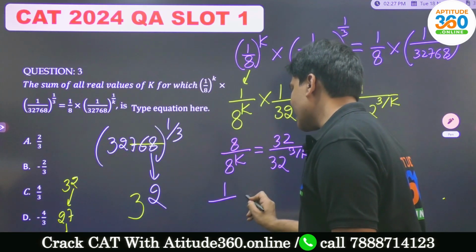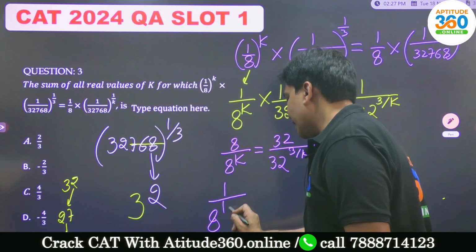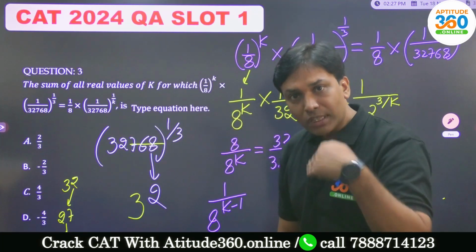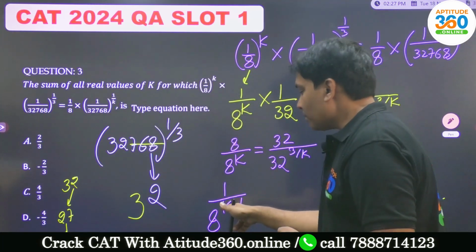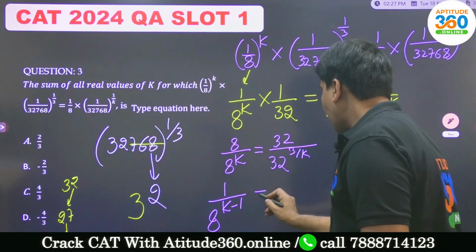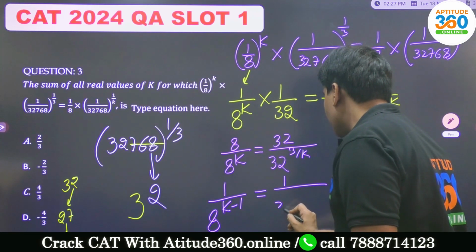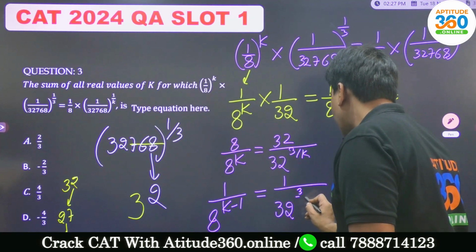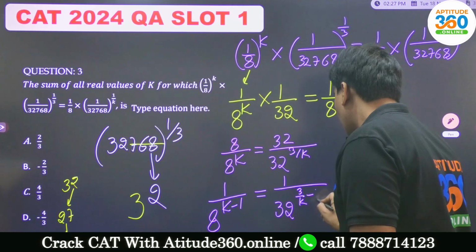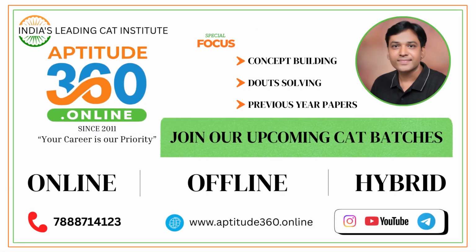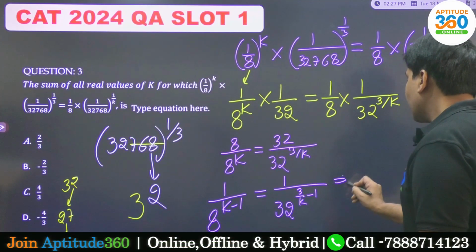Or we can write this as what? 8 raised to k minus 1. When 8 goes in the denominator, it will become 8 raised to k minus 1, and then this number over here will become 32 raised to 3 over k minus 1.